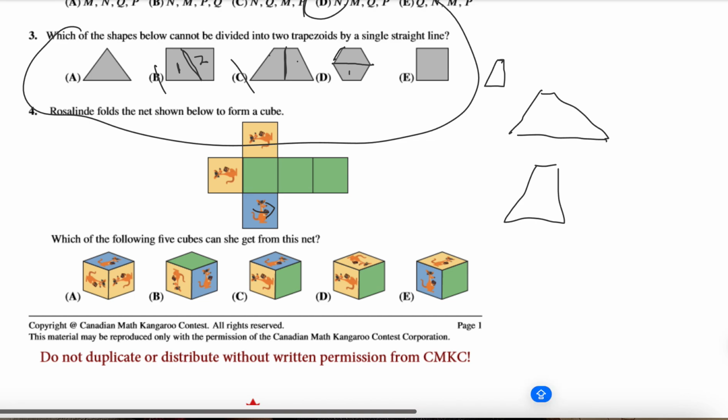E is really similar to B. It's just like the trapezoid would be more squished. So if you cut it in the same place as B, then it would also be 2 trapezoids. So now, you know that you could cut B, C, D, and E all into trapezoids. So the only answer left for us is A. So for number 3, the answer is A.